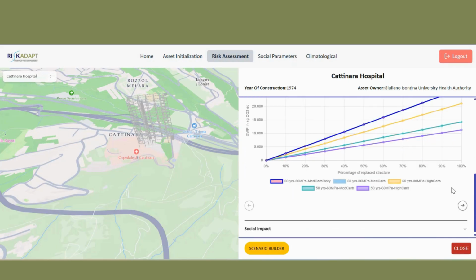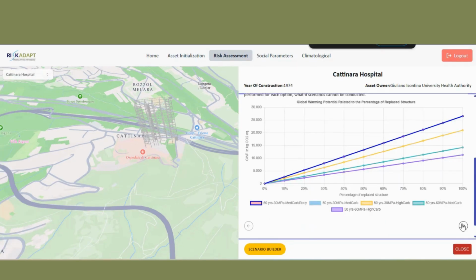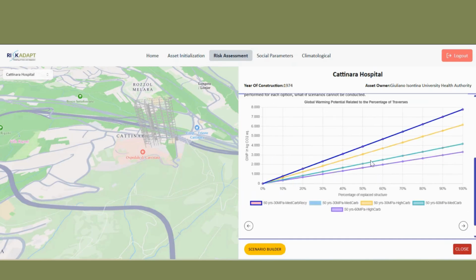Also, we have other scenarios. Let's say that we replace only the pillars of the structure, and for different percentages, we end up with the corresponding environmental impact, or only the traverses and the planar sections, etc.